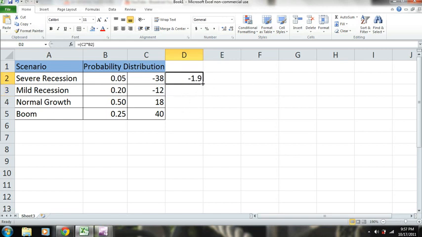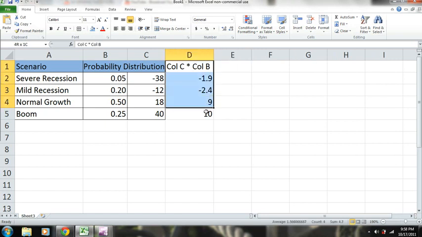We can just drag this down, and it will drag that formula down relative to each row. So you can see C2 B2, C3 B3, C4 B4, and so on. And I'm going to title this.